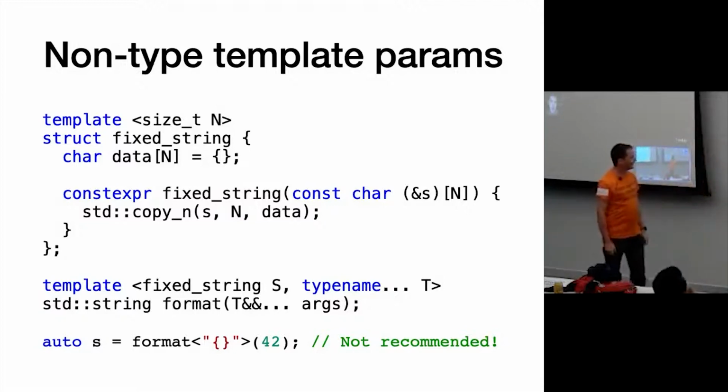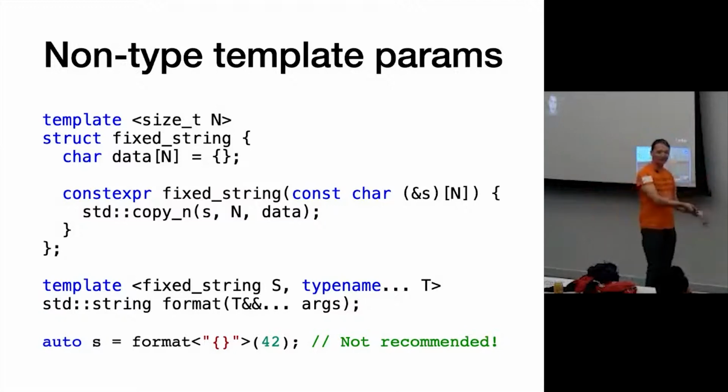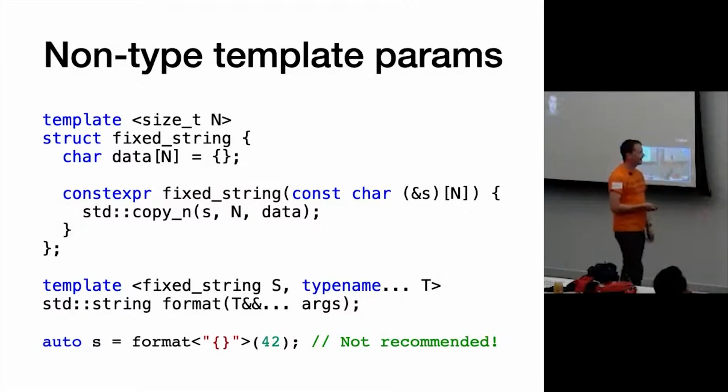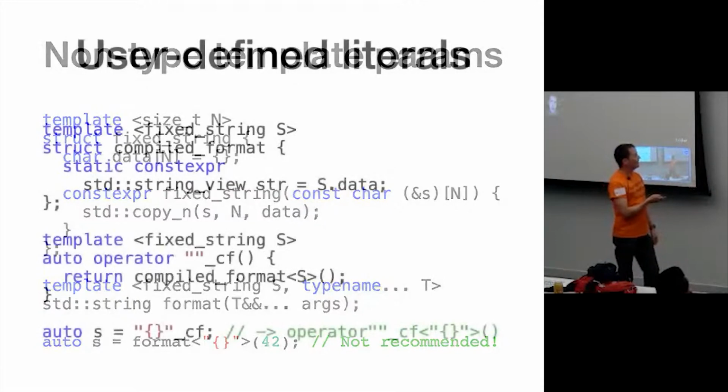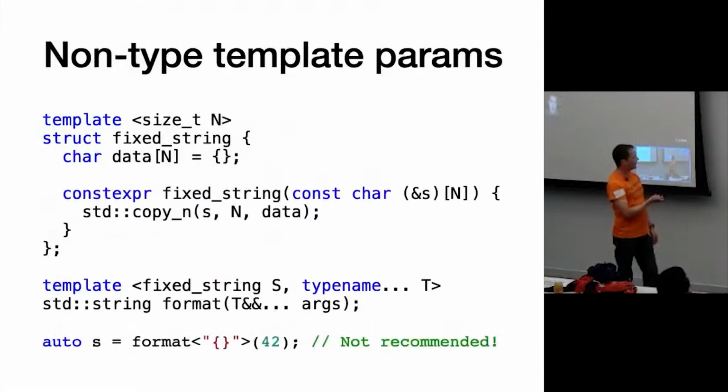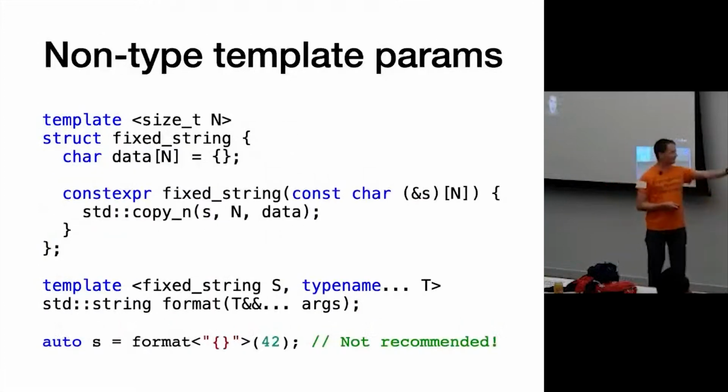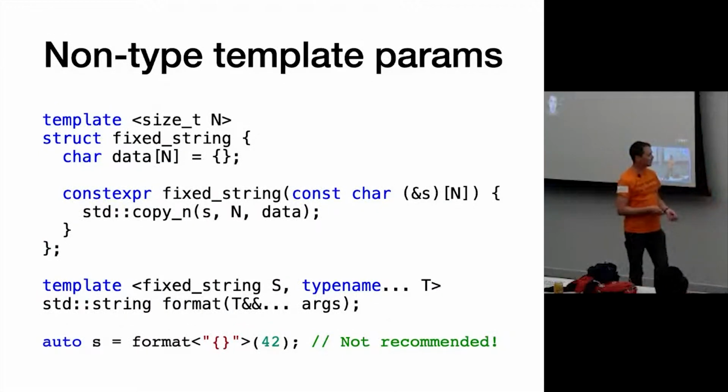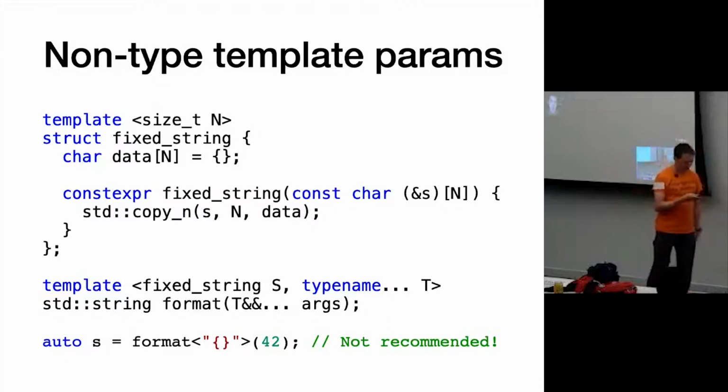This is a potential other API, which FMT doesn't do for reasons, but it's possible. The reason we don't do it is that it would interfere with the argument position. So it's not an ideal API.